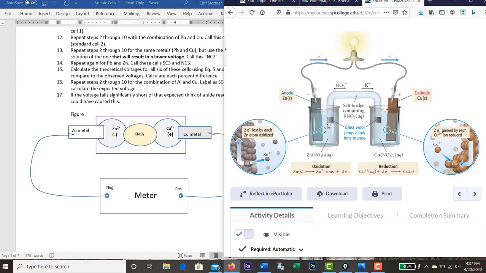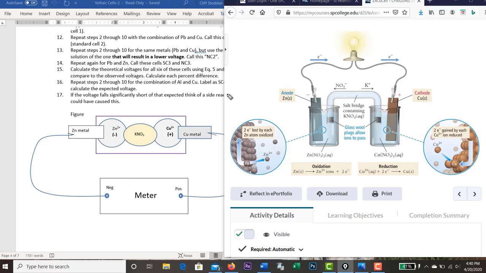In the lab we were going to take a piece of filter paper, which is what's outlined here, and on the piece of filter paper place solutions of zinc 2+ and copper 2+. Those would take the place of these two half cells over here.